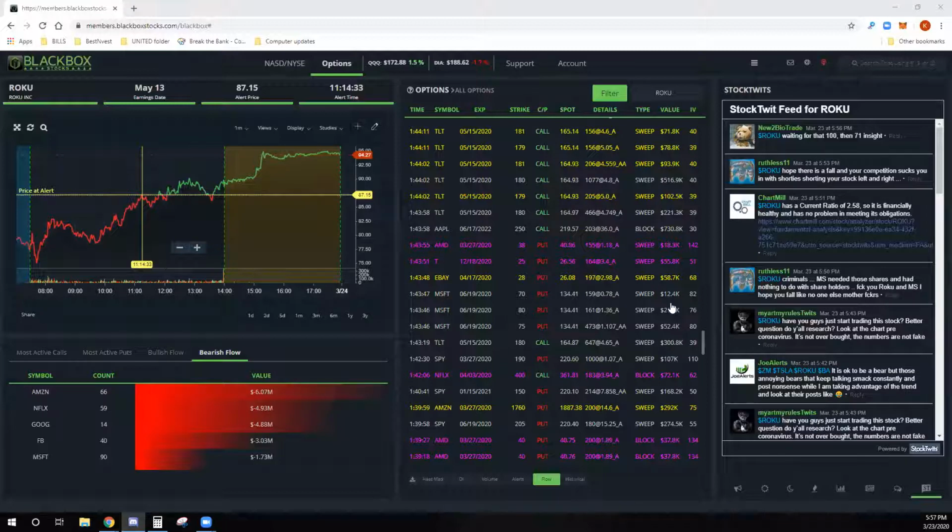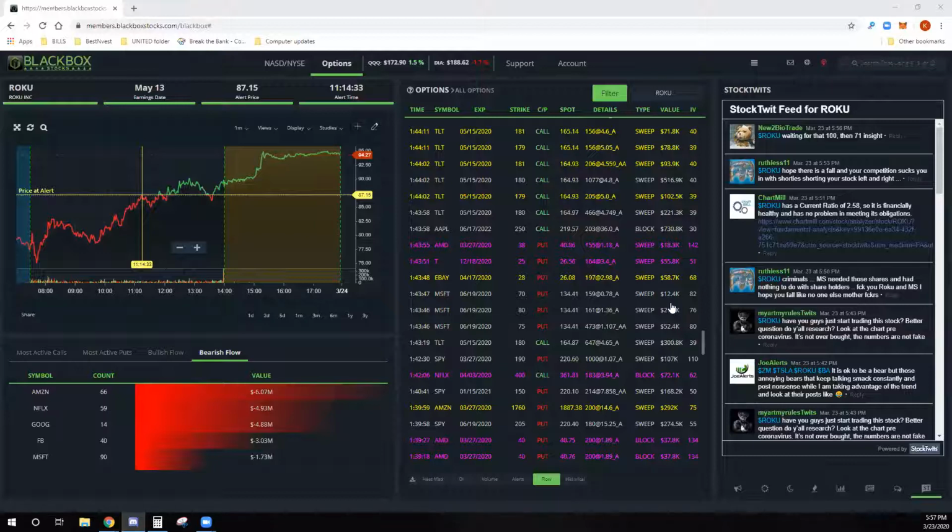Flow comes in as well when you're making a big sell, also. So you're not necessarily going to see any action right away if they're selling. And if it's a big sell, that's going to come through the flow saying that there's a call or a put being purchased here.